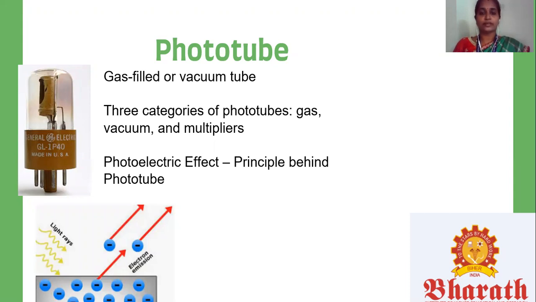The electron multiplier is a modification on the basic gas and vacuum phototube. In addition to the two electrodes, this type of phototube is also equipped with a series of metal discs called diodes. The diodes are arranged inside the electron tube to amplify the emission of electric current.